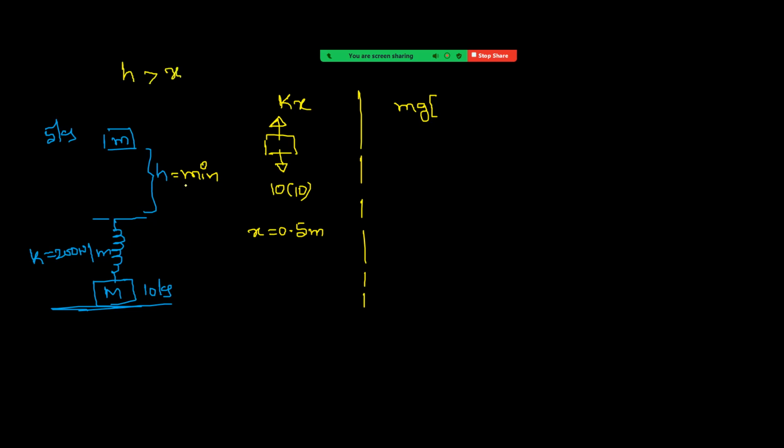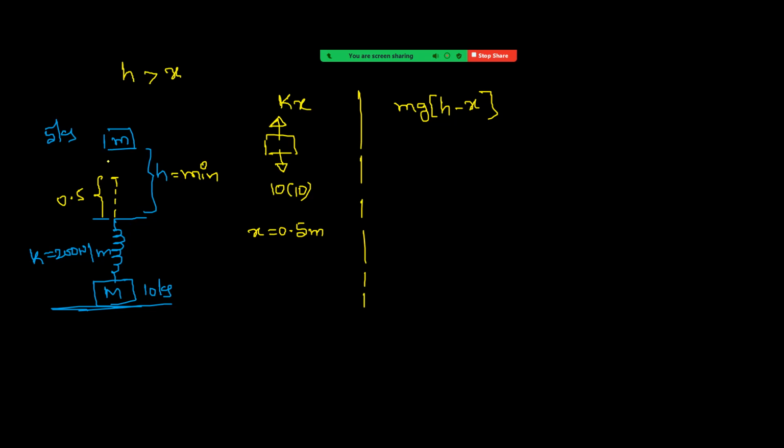Okay. So when it comes to rest temporarily after moving a distance of 0.5, this block has lost gravitational potential energy given by mg into h minus x. Okay, this is the distance that it has come down.